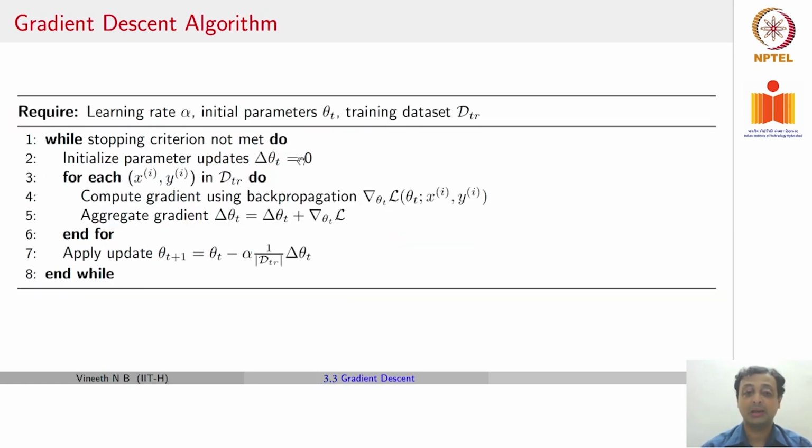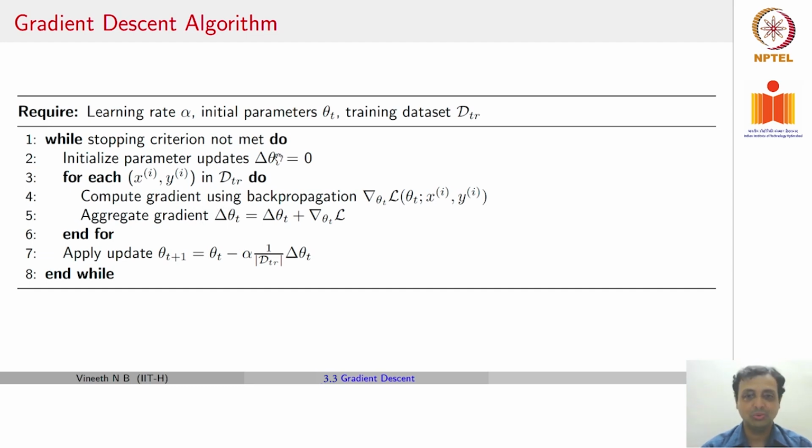Here is the gradient descent algorithm. You're given a learning rate. You have some initial parameters theta t and a training data set dtr. As long as the stopping criterion is not met, you initialize your parameter updates, and for each point in your training data set, you compute your gradient using backpropagation of the loss function with respect to each of your parameters, and you aggregate your gradients in your delta theta variable.